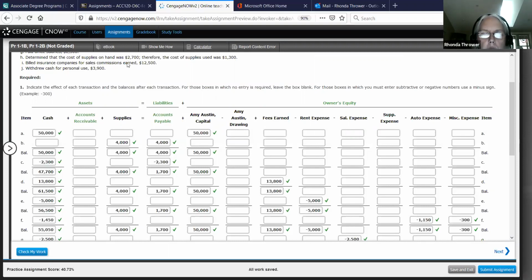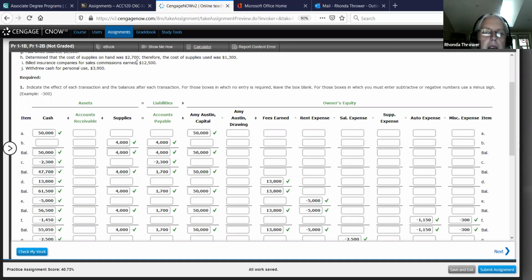So we determined this sort of toward the end of March. A lot of times we'll take a physical count of our supplies to see what we have left over. When we see what we have left over, that will help us to determine what was used. In other words, we bought supplies in transaction B, and at the end of the month, we had taken inventory to see how much we used.